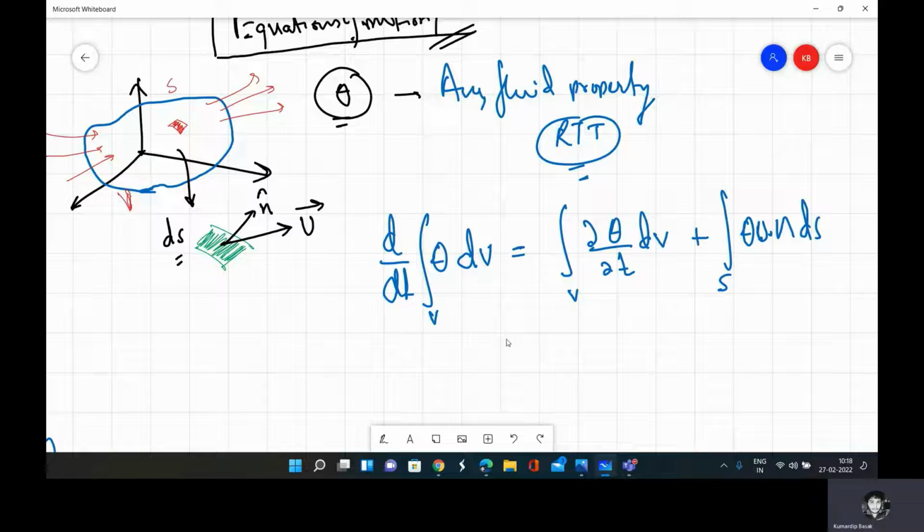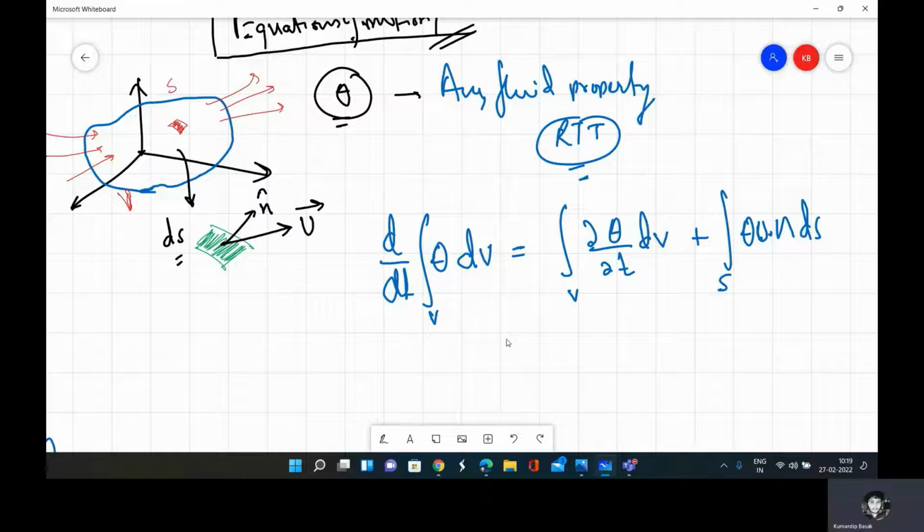That is, we take the differential inside by partial derivative, del theta by del t dv, integral with a flow property, that is an inflow minus outflow kind of thing. You can understand that u is getting out along n, but on the opposite side it can enter the fluid element. In that case that will be an inflow and this is an outflow. So if we integrate that u dot n part over the whole surface, we can get the net outflow minus inflow, because that is the rate of change of property.